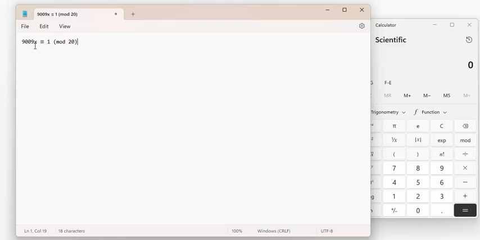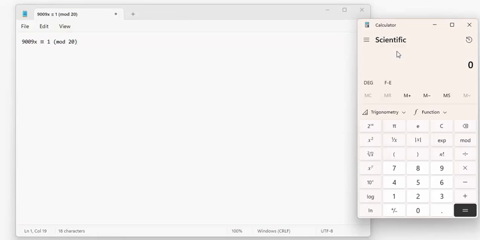And knowing that 9009 is much bigger than 20, you should get the remainder of 9009 divided by 20, because this will reduce the congruence to a more manageable value, because that smaller value will be smaller than the mod, which is 20 in this case.